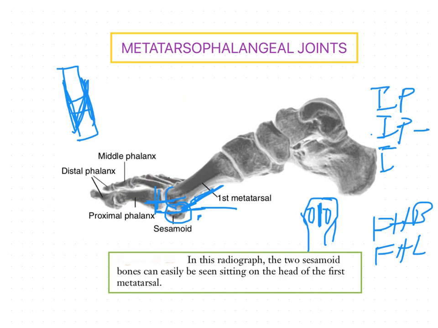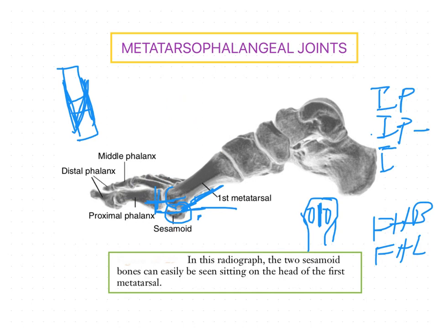In the other toes we can't find the sesamoid bones, so they have a thick plantar capsule in place of the plantar plates. So this is about the metatarsophalangeal joint structure.